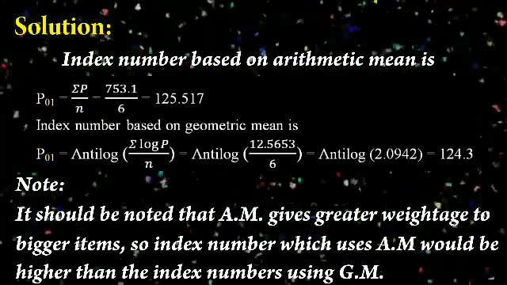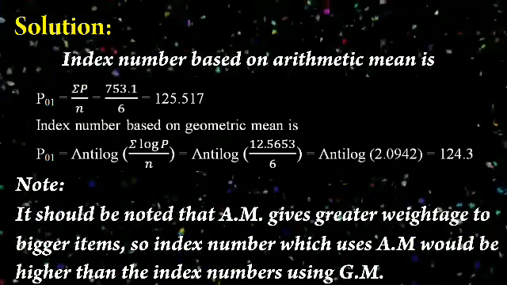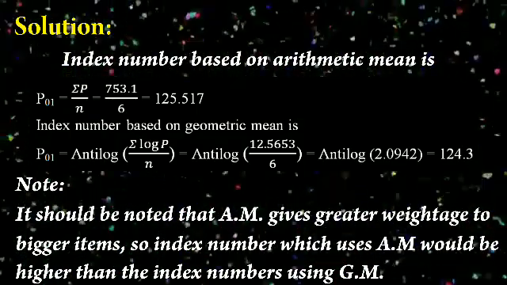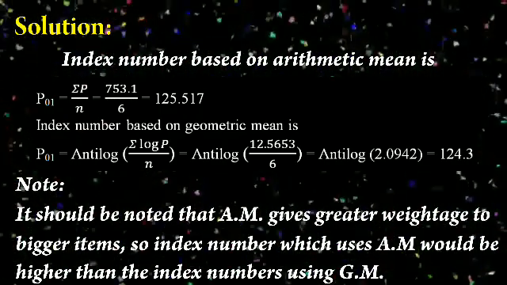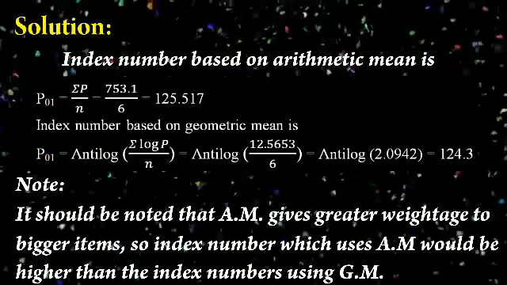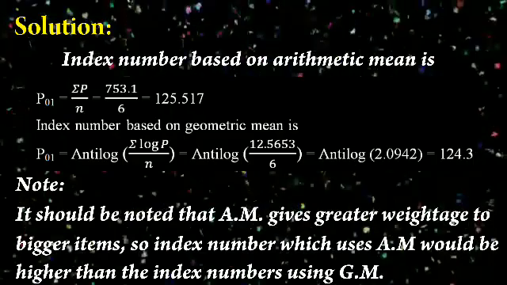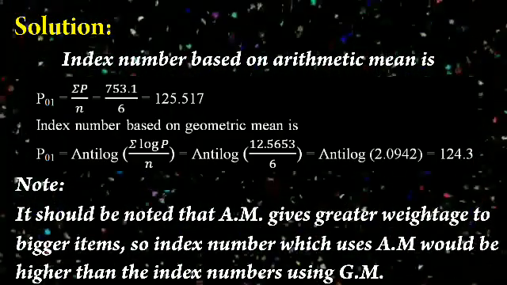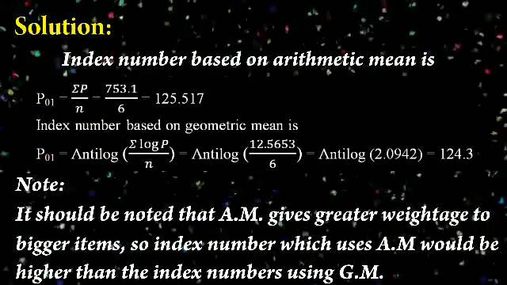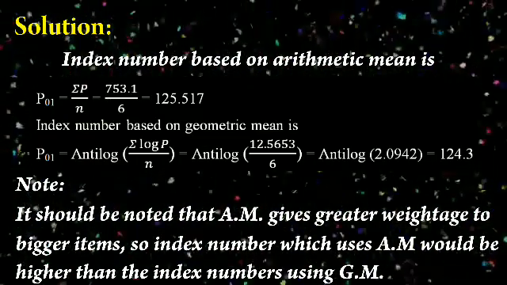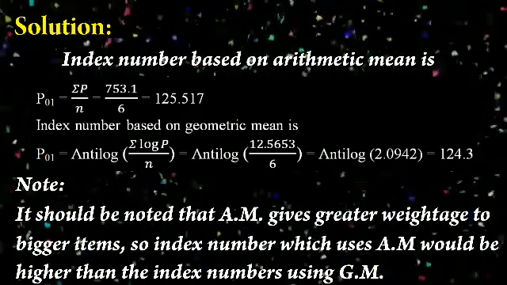Note that AM gives greater weightage to bigger items. So the index number using AM would be higher than the index number using GM. Since the arithmetic mean gives greater weightage to items based on their relative importance, the index number constructed based on AM would be greater than the one constructed based on GM.